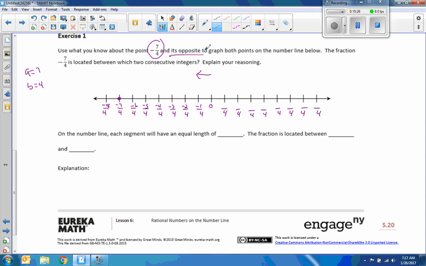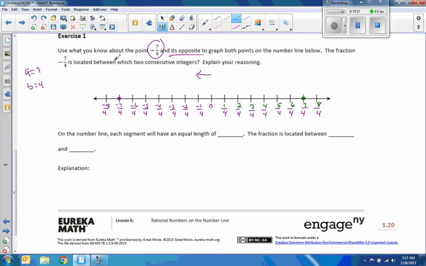And its opposite. 1/4, 2/4, 3/4, 4/4, 5/4, 6/4, 7/4, 8/4. The opposite of negative 7, I went 7 to the left, I have to go 7 to the right, and there is my opposite. Okay?